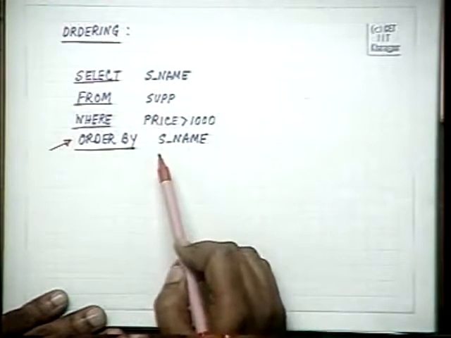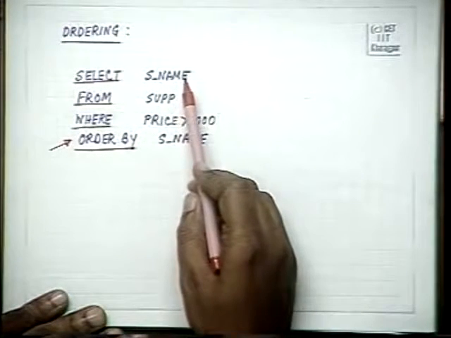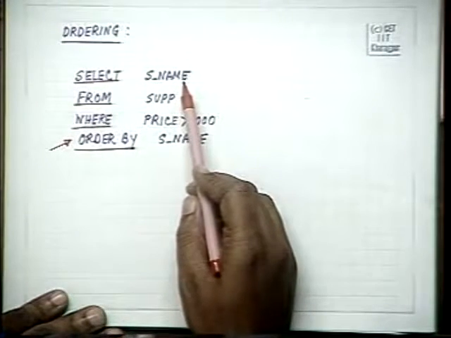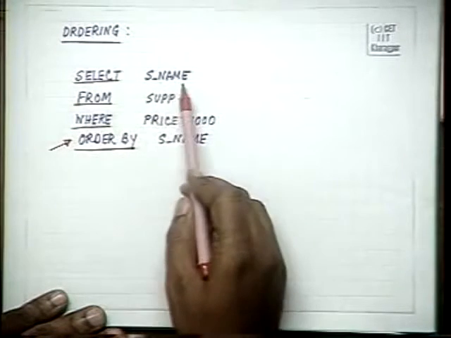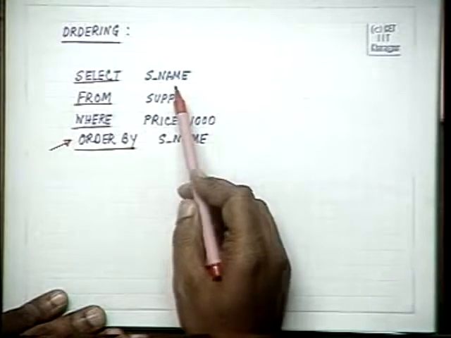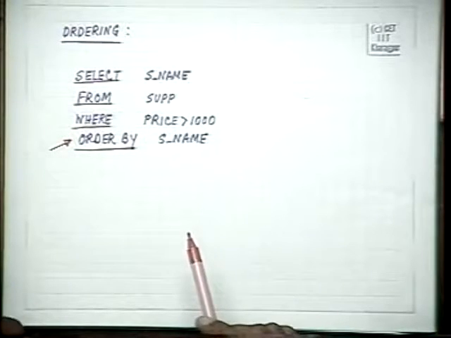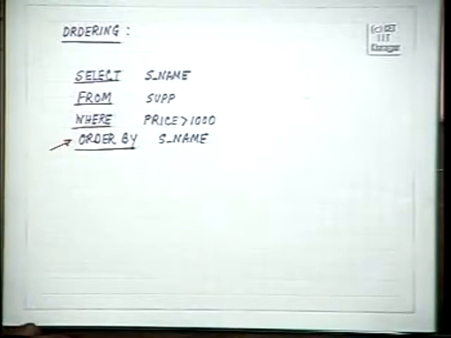So, this will give us from the sub relation the supplier's name only. This will give us only the supplier's name, ordered in the default ascending or descending order.